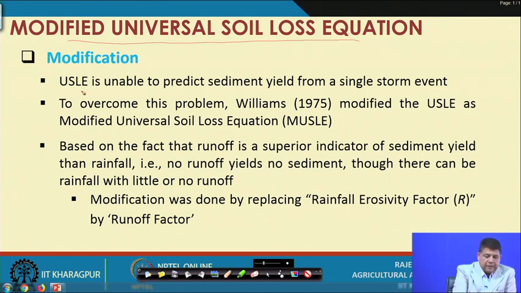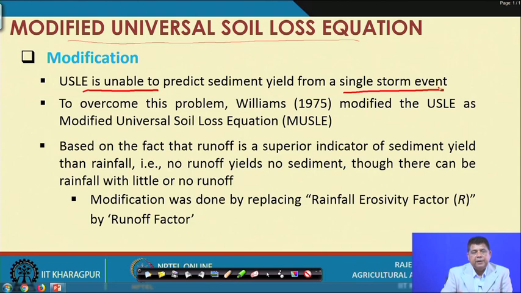Because USLE, as we saw, is unable to predict sediment yield from a single rain storm event. When we defined USLE, we said that it gives a long term average estimation of soil loss, and that is why the unit of A, that is sediment yield, is metric tons per hectare per year. So we estimate on a yearly basis.